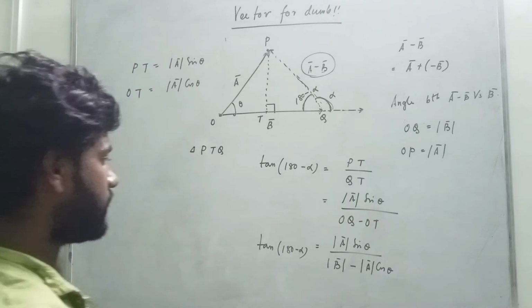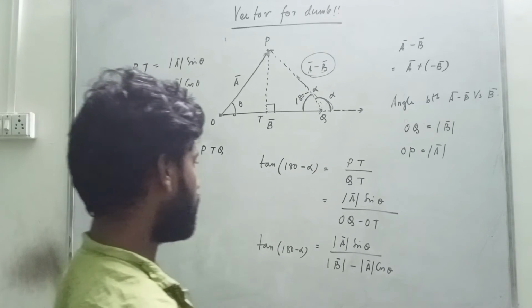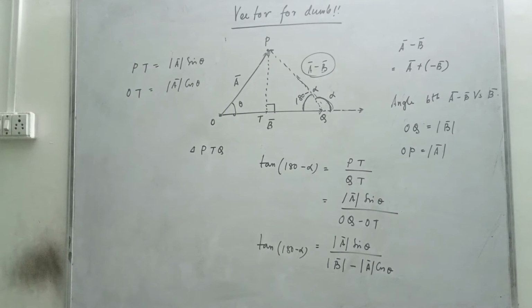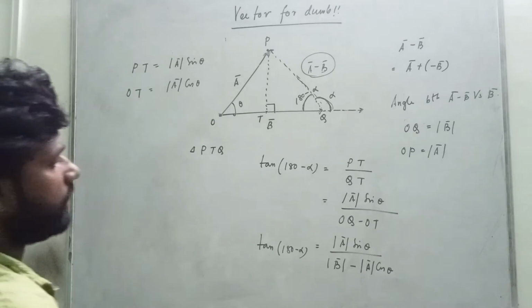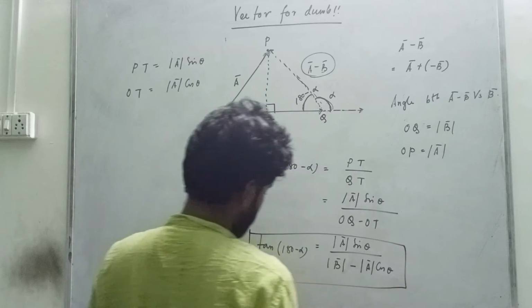It's a very simple case. Okay, so this is all about the angles. And if you want to calculate the angle, there is a very interesting formula here. Just note it.